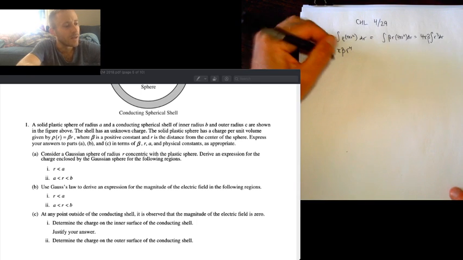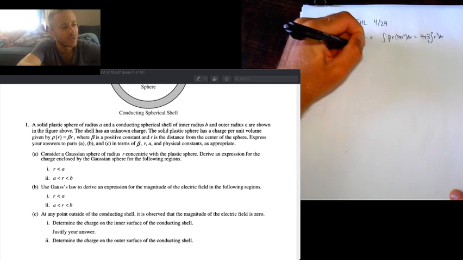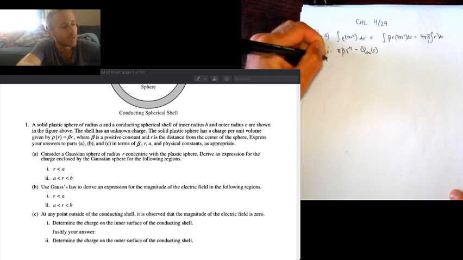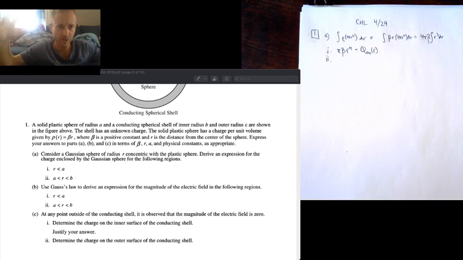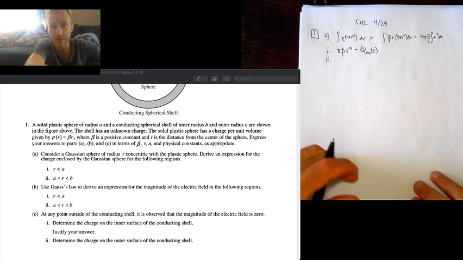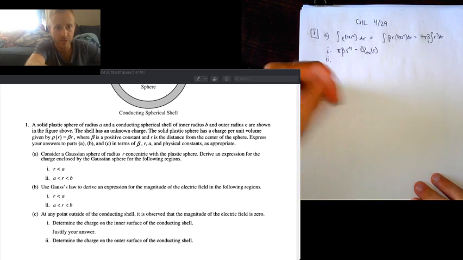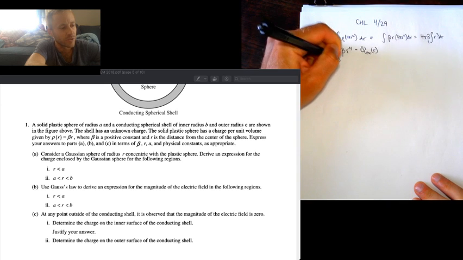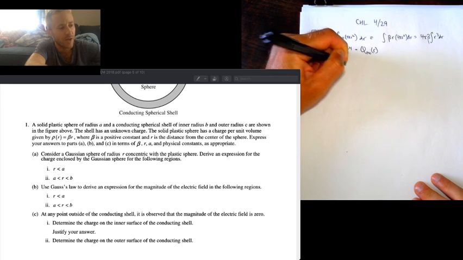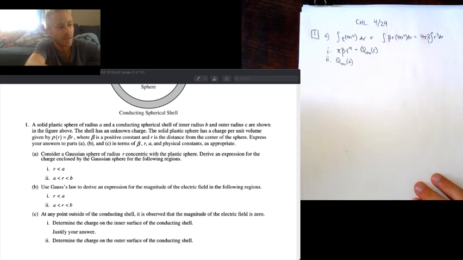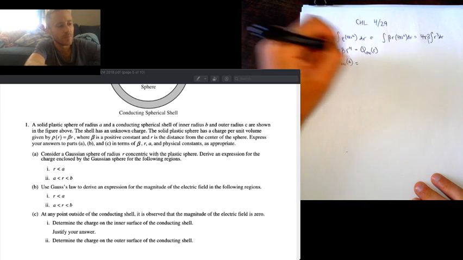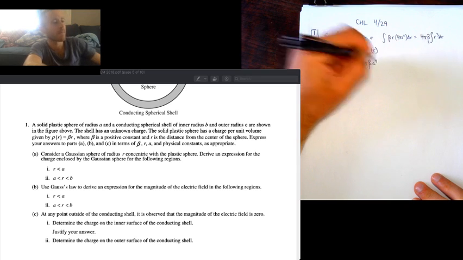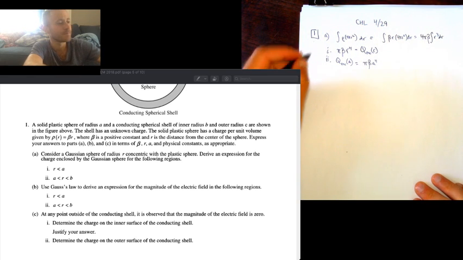So this is the charge enclosed as a function of r, but once we make our Gaussian surface big enough, it encloses everything that's in the plastic sphere. So the charge enclosed would just be the charge enclosed evaluated at a. So you get pi beta a to the fourth would be your answer there.